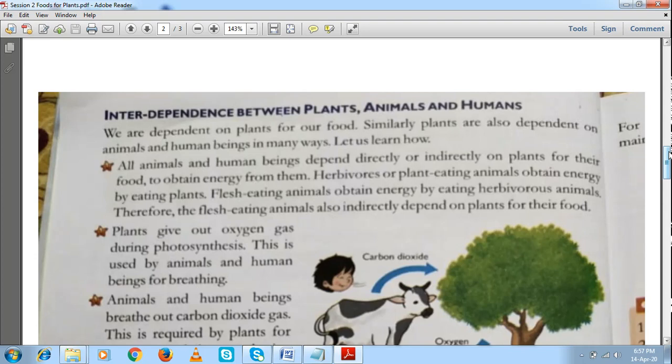Moving towards the last topic of this chapter, which is a very important topic and the need of the hour: the plants are dependent upon us and we are dependent upon them. Our dependency on them is very clearly seen. We depend on plants for our food requirement, for the oxygen that we breathe in.